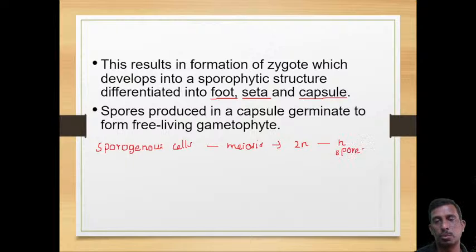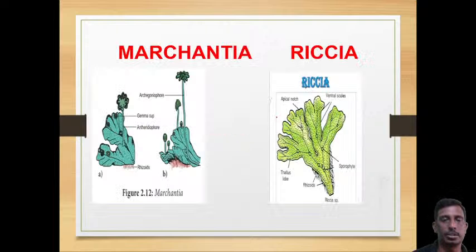These haploid spores, when they are released from the capsule, germinate and form a free living gametophyte. Marchantia or Riccia are examples of liverworts.